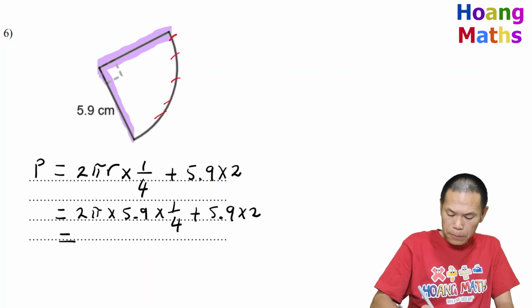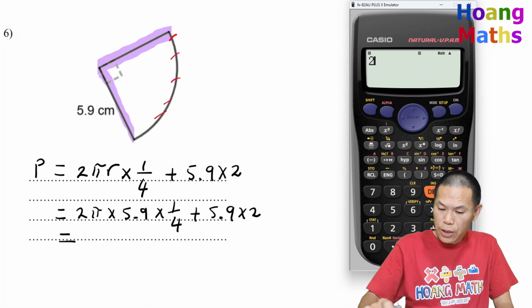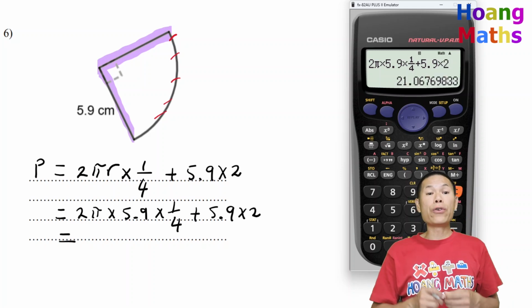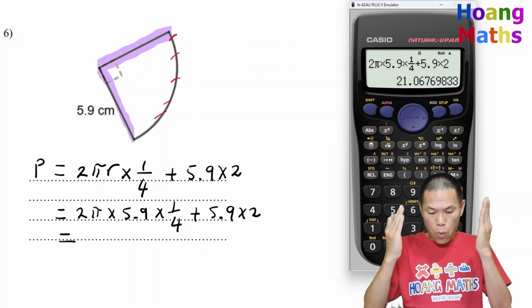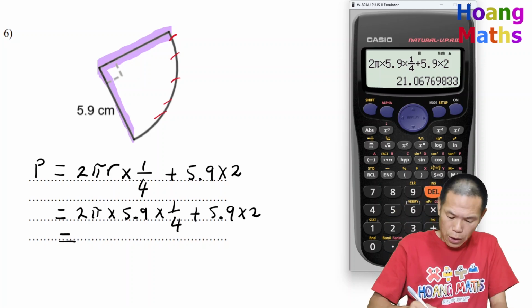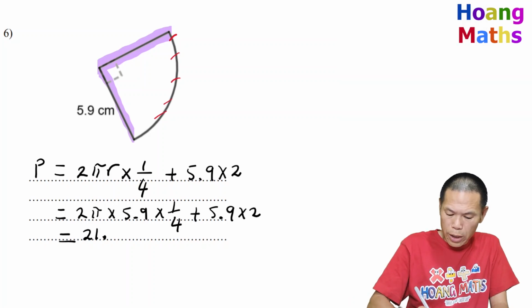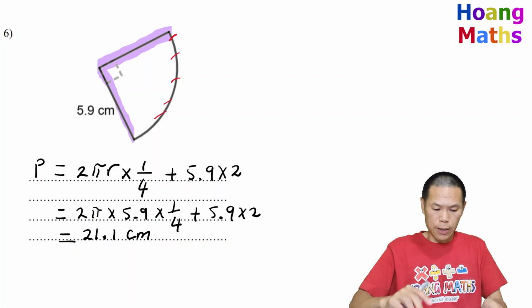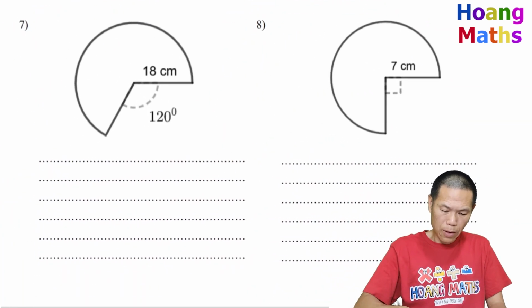So just go shift pi times 5.9 times 1/4 and then we add 5.9 times 2. So there you go, 21.1 centimeters. So there you go, and I hope you got it correct.